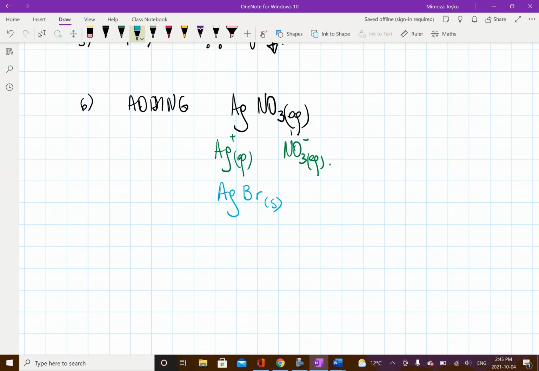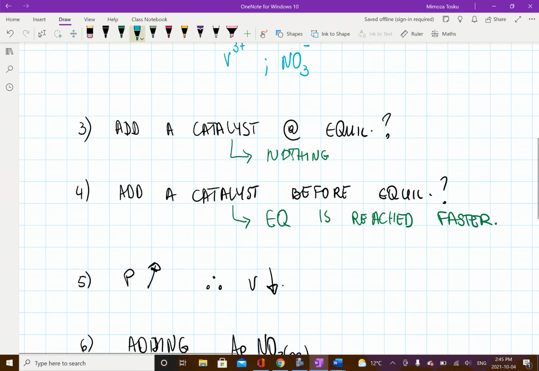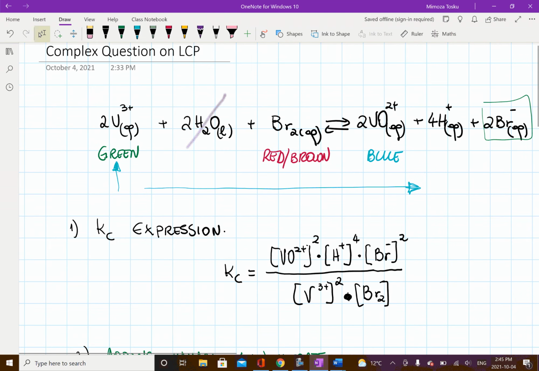By creating the precipitate, it is saying that the bromide ions are used up.